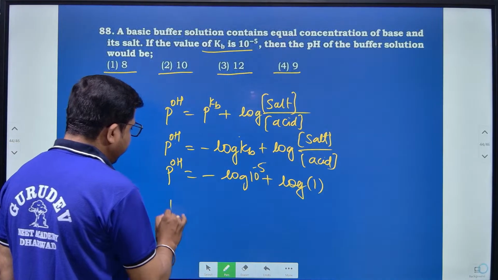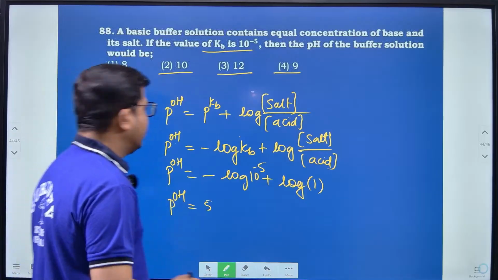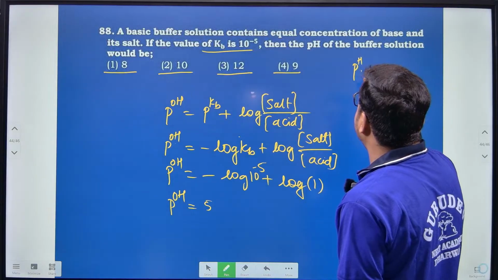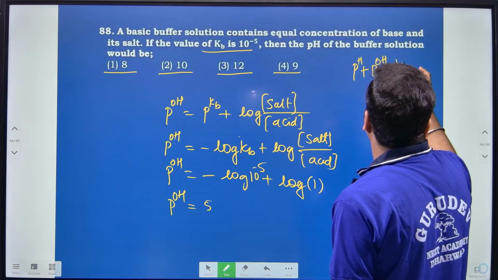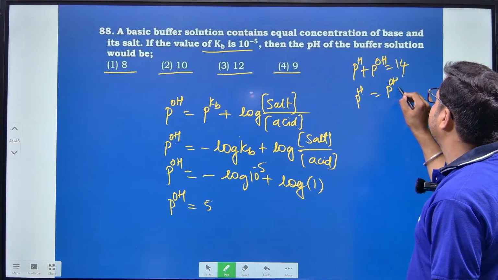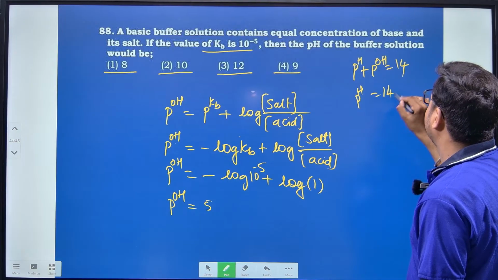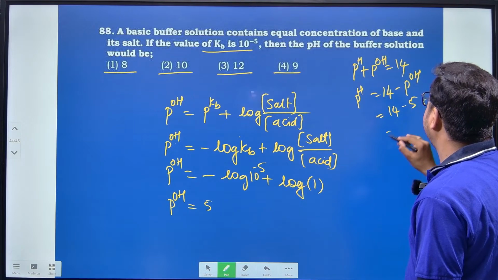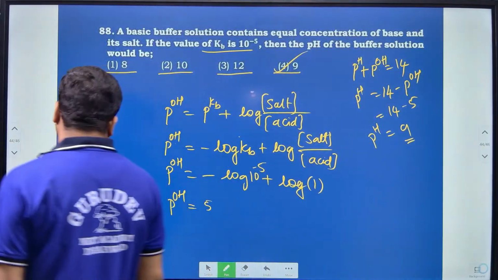Therefore, the pOH would become 5. Now pH plus pOH is equal to 14, so pH is equal to 14 minus pOH. So 14 minus 5 will be 9. Therefore, the pH of the solution would be 9, which is the right answer.